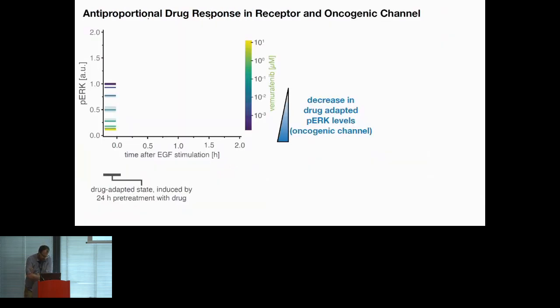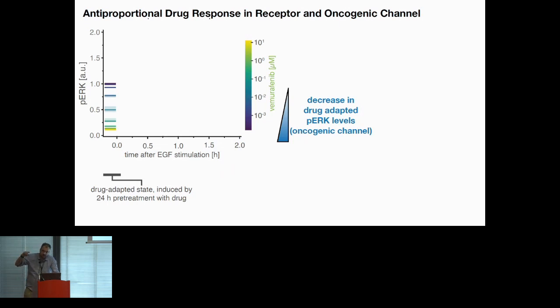Now, the challenging bit about sporadic pulsatile reactivations is that it's really tricky to study this experimentally. So what we came up with is a strategy to study this behavior at bulk level. And this is now shown in this experiment, where we have time after EGF stimulation on the x-axis and phospho-ERK levels on the y-axis. This is the baseline signaling after a 24-hour pretreatment with the drug.